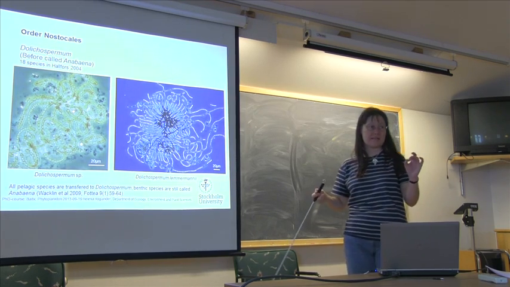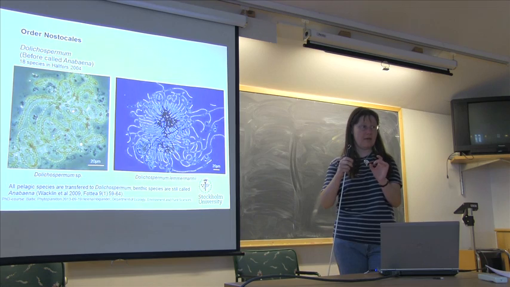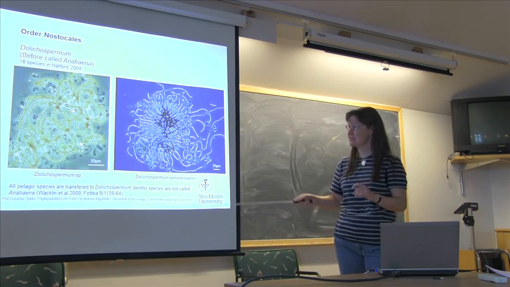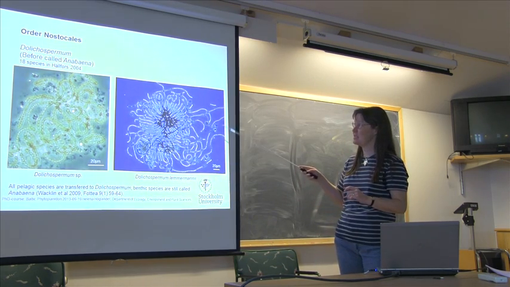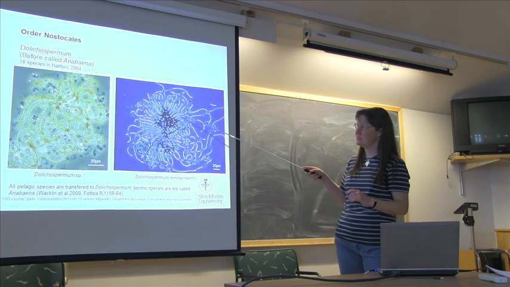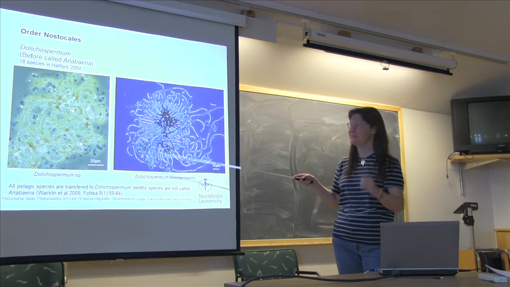And how the cells, the akinetes and the heterocytes are arranged together can also be used for identification of the species. So this Dolichospermum lemmermannii is special in that it has the akinetes around the heterocytes. Here all the akinetes have gathered in the middle of the colony.